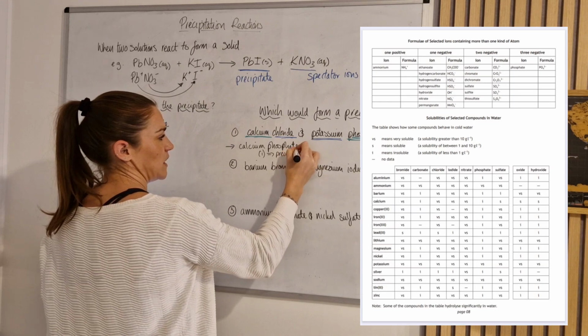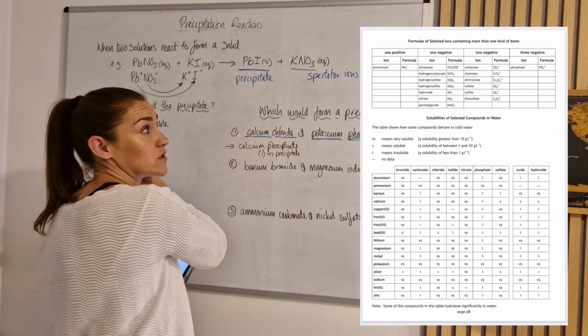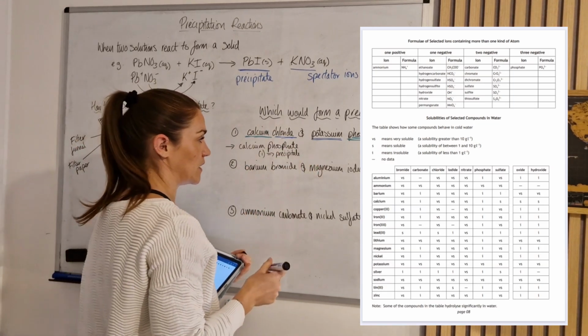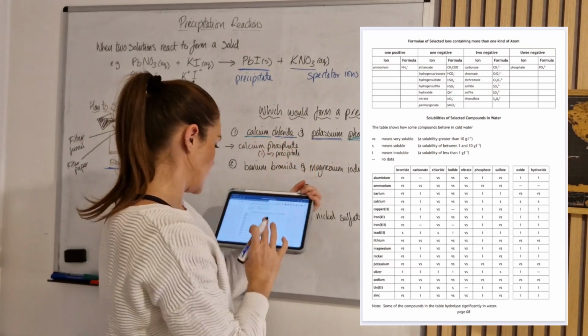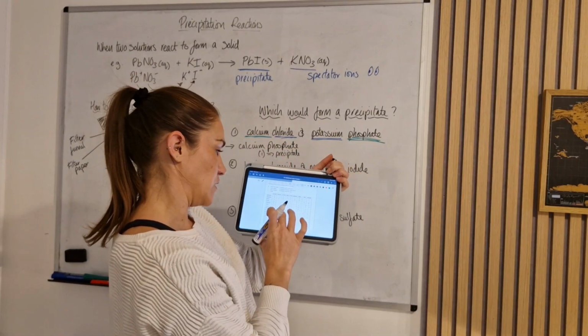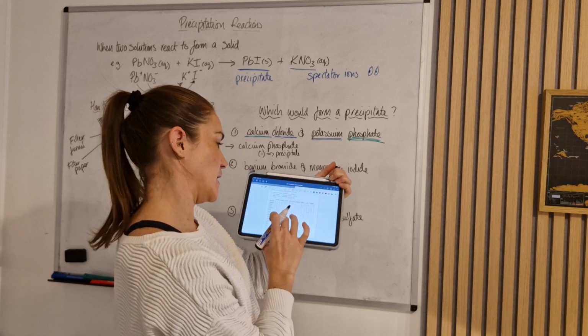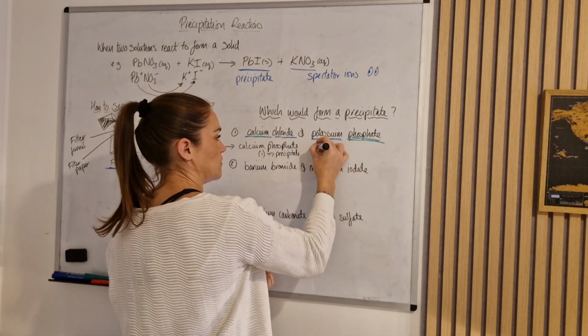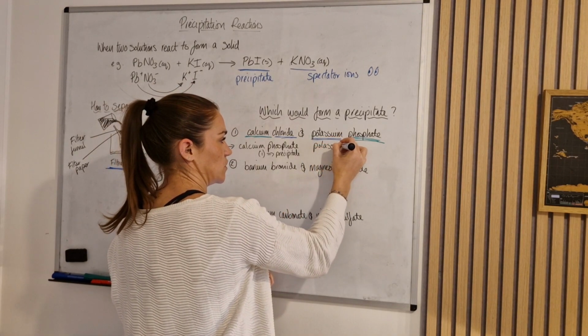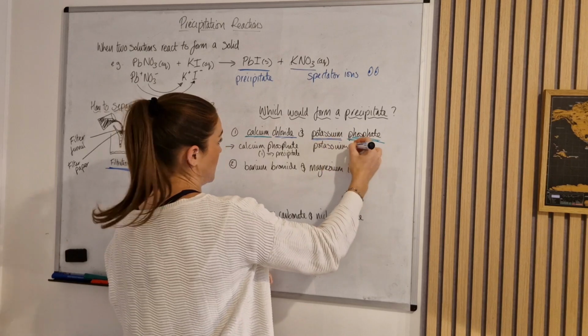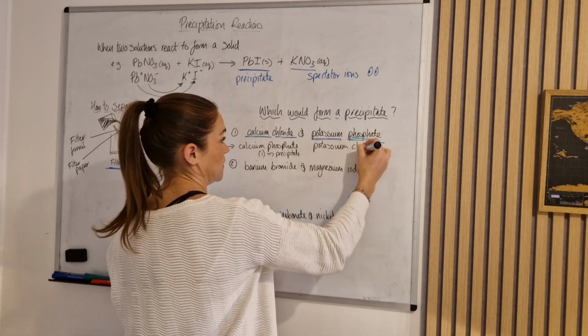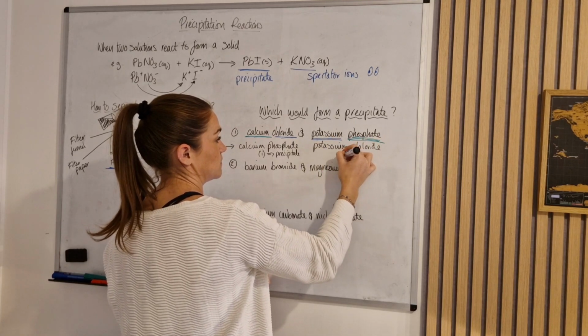So if that's made in a reaction, it's going to be a solid, and therefore it'll be floating about like a precipitate. The potassium chloride, if we go down to potassium along to chloride, that's very soluble, which means that that's going to be in the solution. So it's not going to be part of the precipitate or part of the problem.